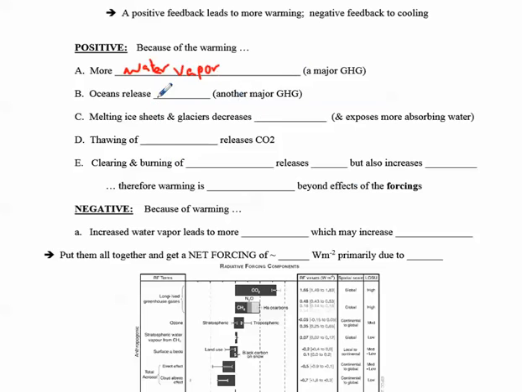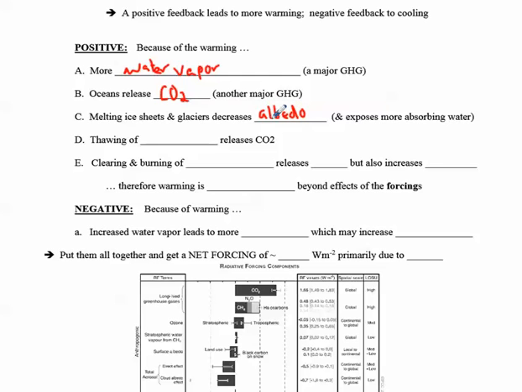Another major issue is that as the oceans warm, because of some physical factor, they release CO2. The oceans are a huge sink for carbon dioxide, so as they release CO2, that's going to enhance the warming even more because of the greenhouse effect we alluded to earlier. Melting of ice sheets and glaciers because of warming temperatures decreases albedo.